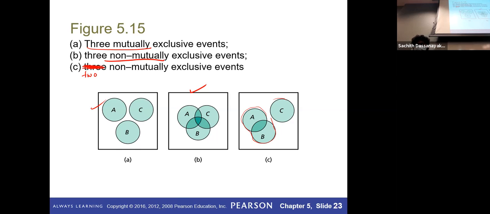If you consider A and B together, then we have two mutually exclusive events. A and B, no, they have a common space, so they are not mutually exclusive, but A and C, or B and C, they are mutually exclusive.